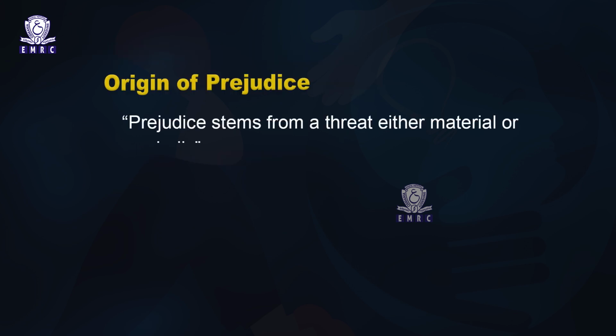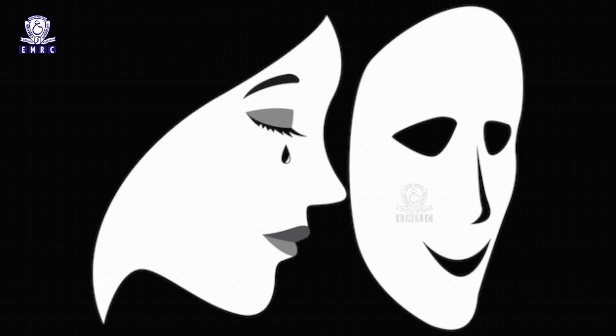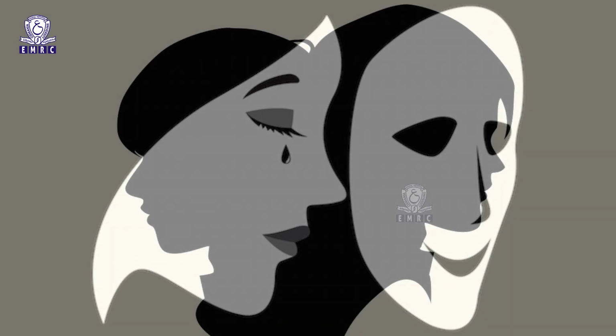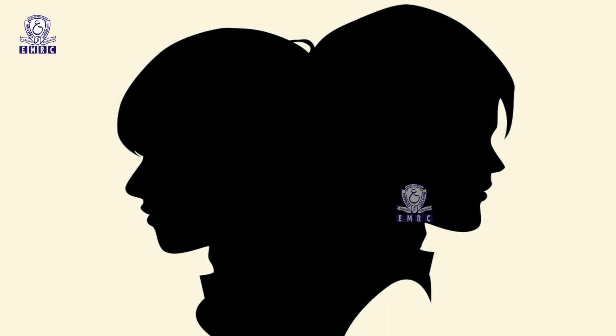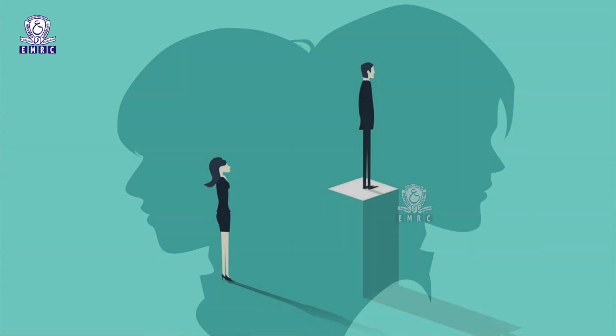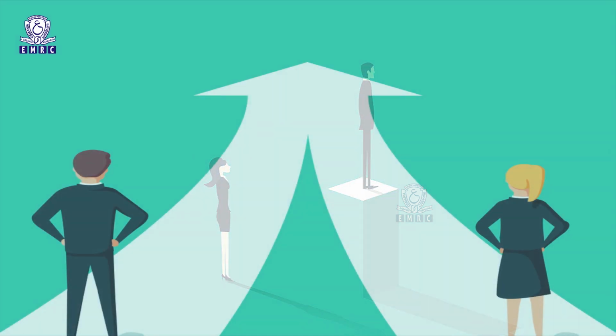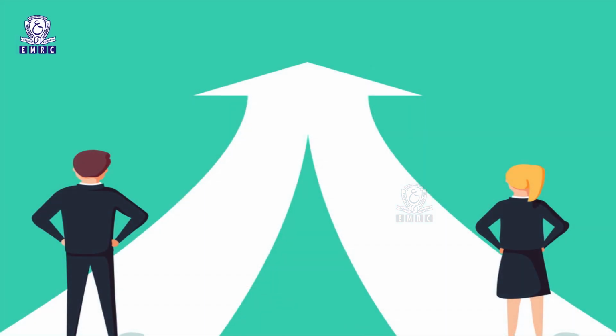Prejudice stems from a threat, either material or symbolic, according to S.S. Jackson and Bennett in 2010. Threat arises from the fear that one's needs would be undermined by another, which has an effect on one's self-esteem.